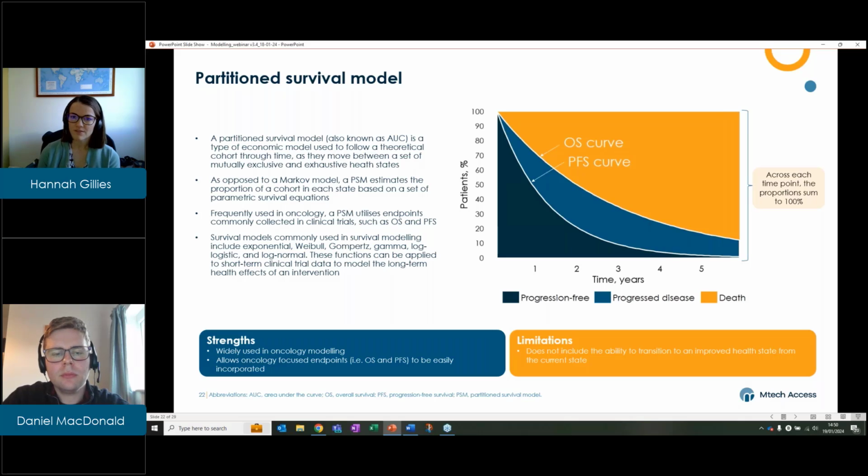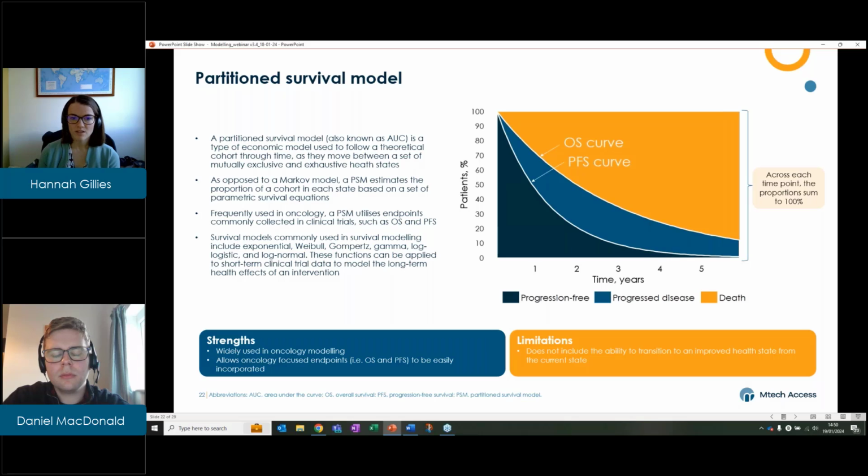Underneath the PFS curve is the progression-free patients, and the difference between the overall survival curve and the progression-free survival curve gives you the patients who are alive and have progressed. So this is a very simple way of using these two curves to partition the cohort into these health states.